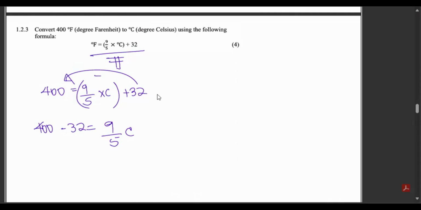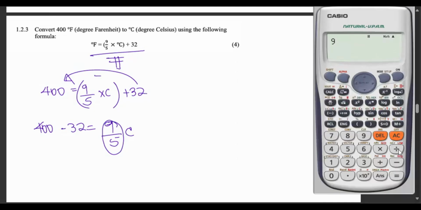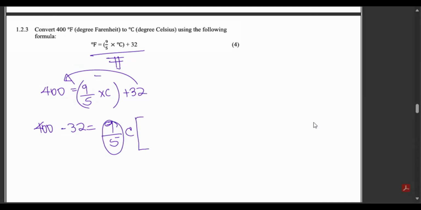So I would advise you change this to decimals. 9 divided by 5, how do we change it to decimals? You have that answer there, which is 1.8. So simply, 400 minus 32 you get 368.